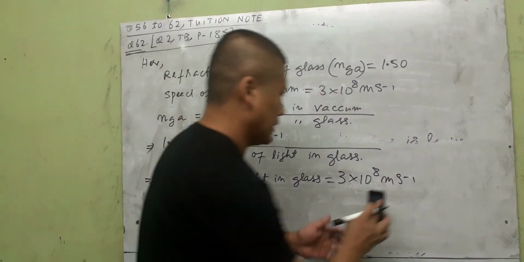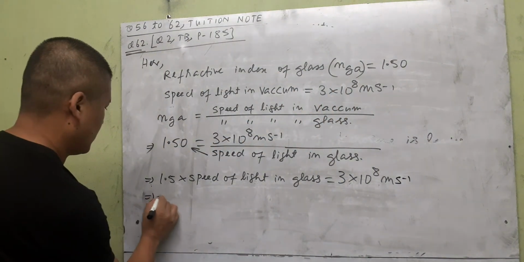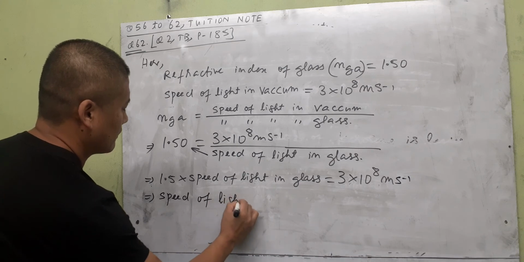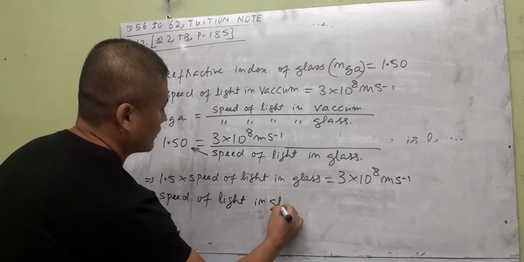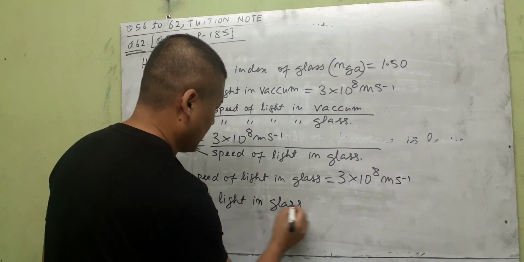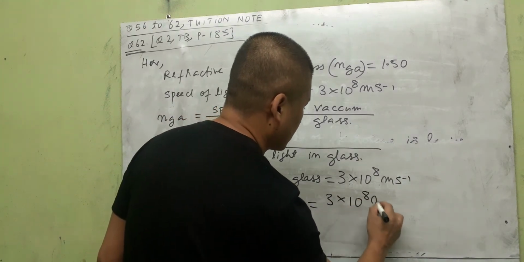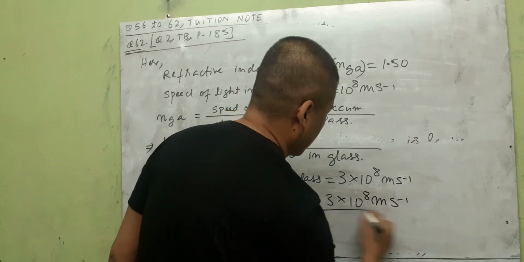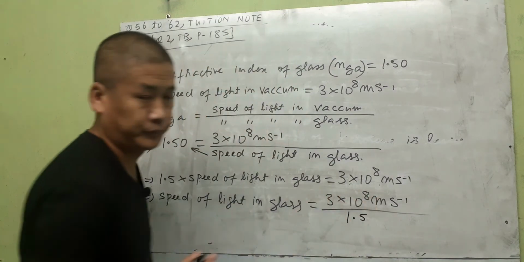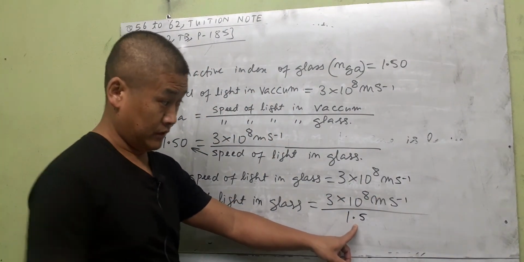That gives the speed of light in glass, which the question is asking. Speed of light in glass will be 3 into 10 to the power 8 meter per second divided by 1.5. Now we don't like to deal with a decimal in the denominator, so we'll remove it.